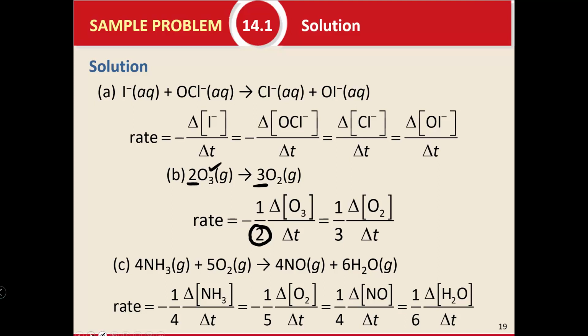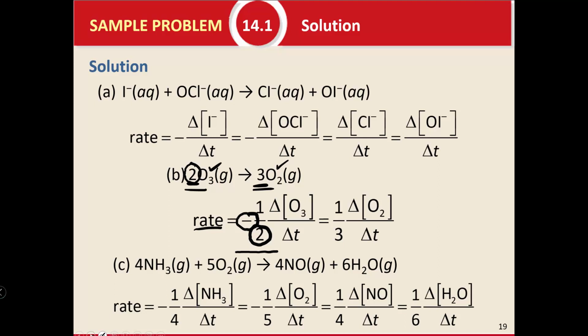So for the change in concentration with respect to ozone, we're losing 2 of these for every 3 of these forming. So the overall rate has to be the same for both ozone and oxygen. So that's why we have a correction factor of negative 1/2. The 1/2 takes care of the twice as fast here, and then the negative is because it's a reactant.